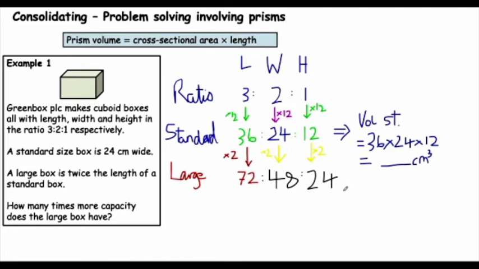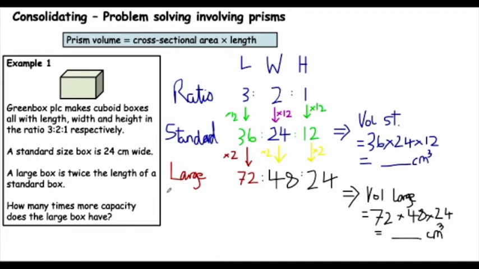So that means we have all the measurements of the large cuboid, which means the volume of the large cuboid is equal to 72 times by 48 times by 24 centimeters cubed.